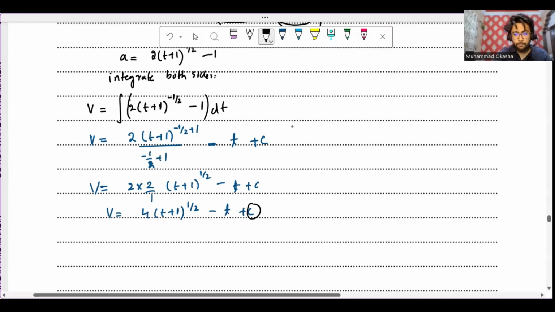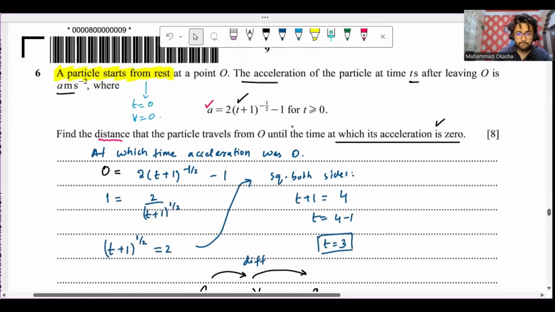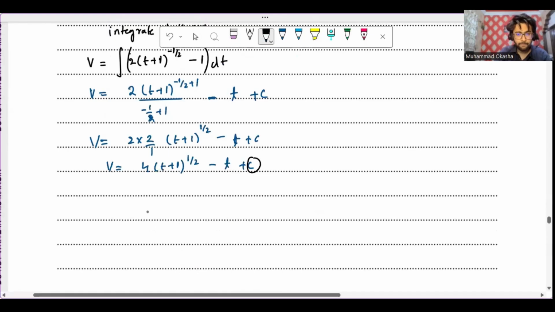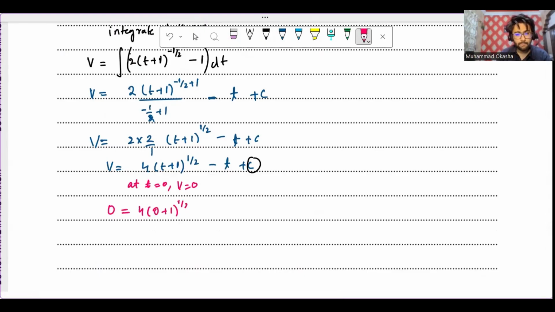Well, I pointed out an initial value, which was that when t is equal to 0, velocity was also equal to 0. So I'm going to use this initial value. At t equals 0, v was also equal to 0. So for v I'm going to put 0 equals 4 times (0 plus 1) to the power a half minus 0 plus c.